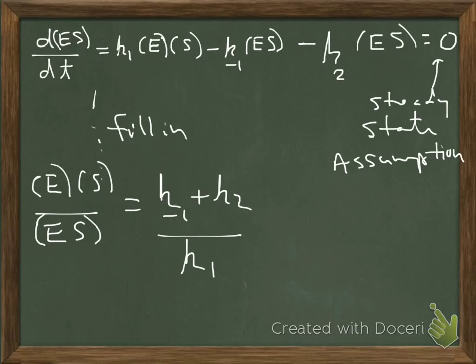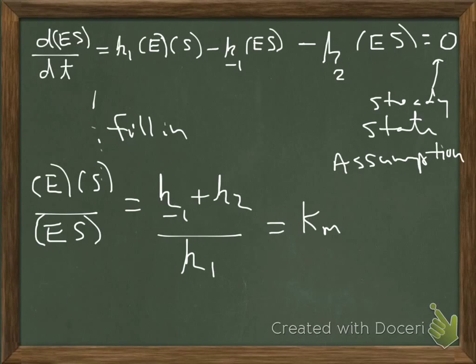Okay, and that's called the Km. The Michaelis constant, as opposed to the Michaelis complex. Okay, so that's the Michaelis constant.